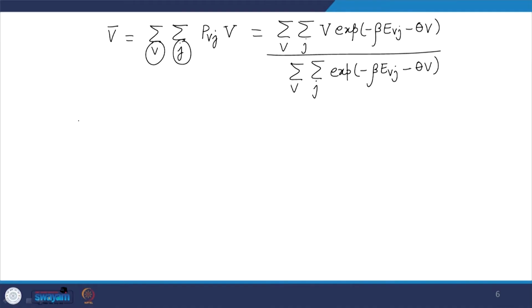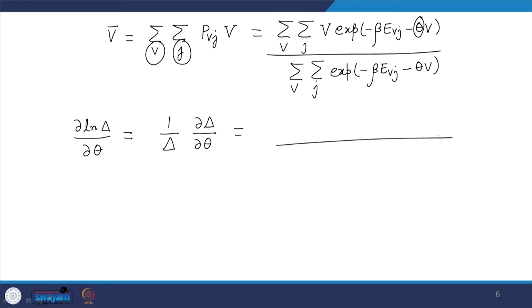So, in this case, if I do dou ln delta by dou theta, because theta is the multiplier in this case, what we have is 1 by delta, dou delta by dou theta.